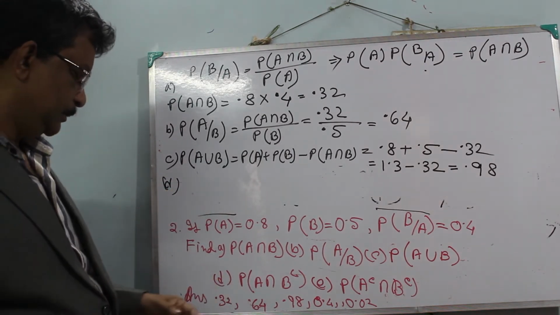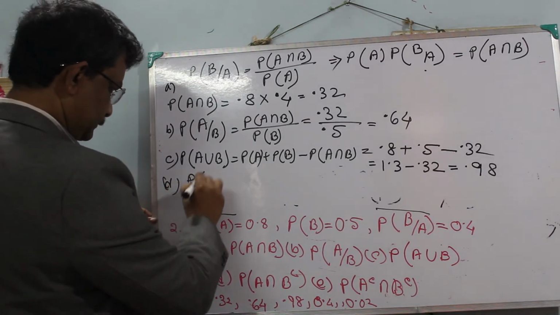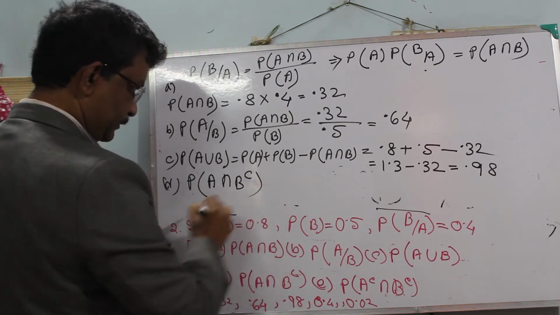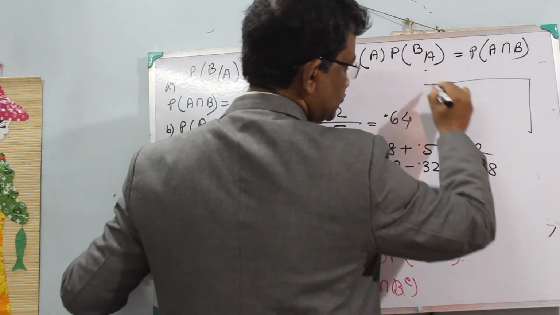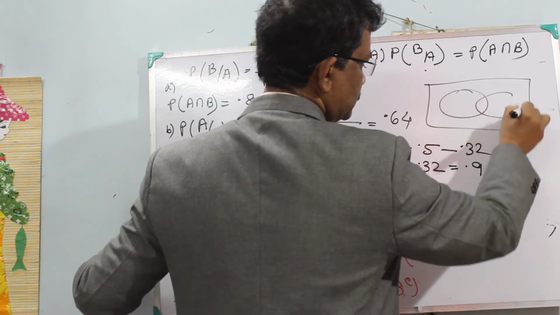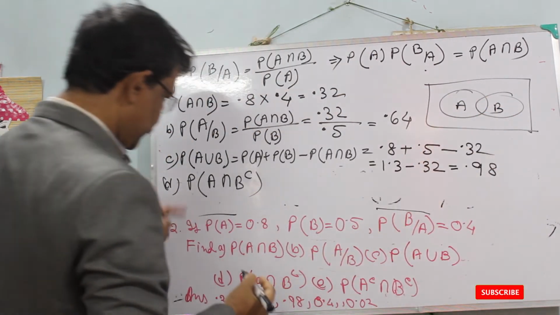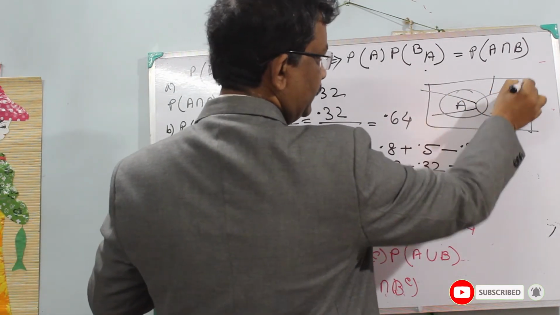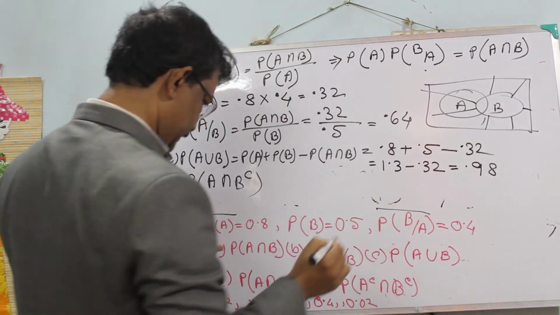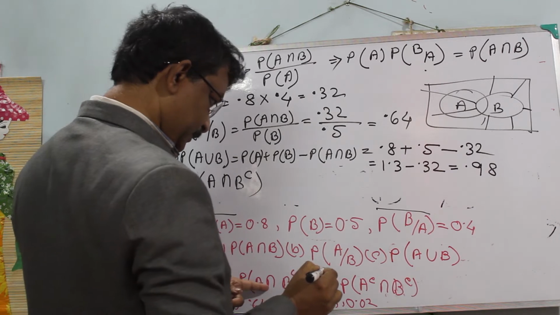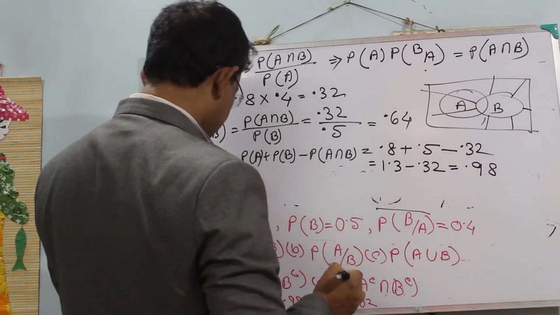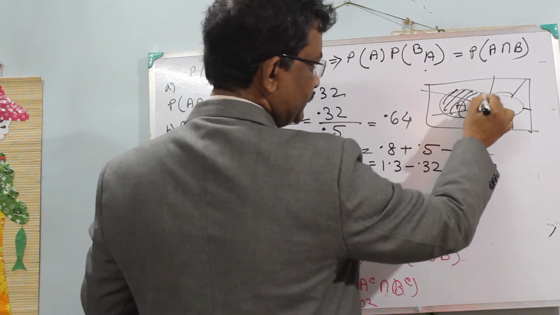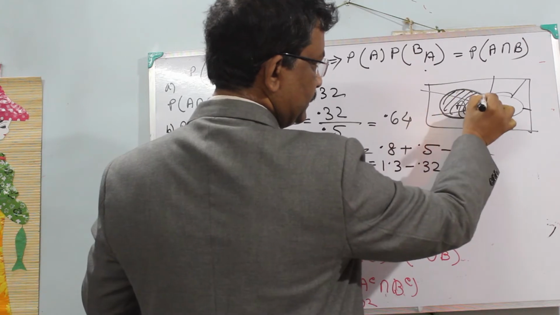D is probability of A intersection B complement. So you see the area, probability of A intersection B complement. B complement means outside B, and A intersection B complement. So A and B complement intersection is this crescent, this portion.